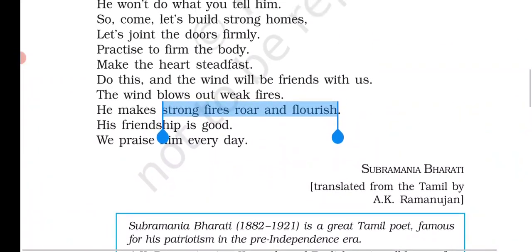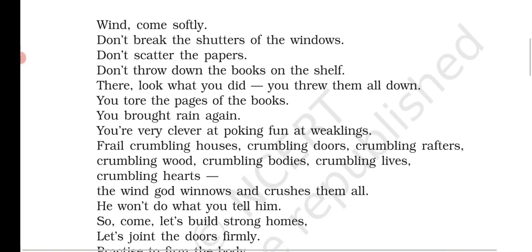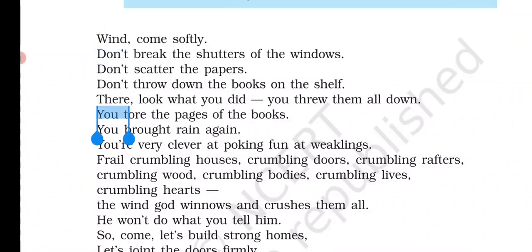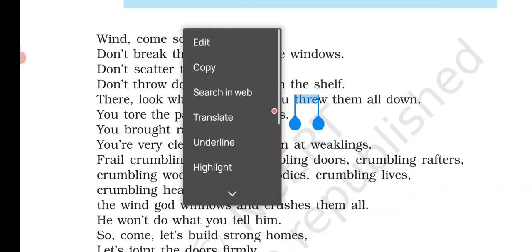And then we have personification, which is when you personify non-living things. Suppose wind, again it is personified. The wind is being personified by the poet because it has been portrayed as a living entity.